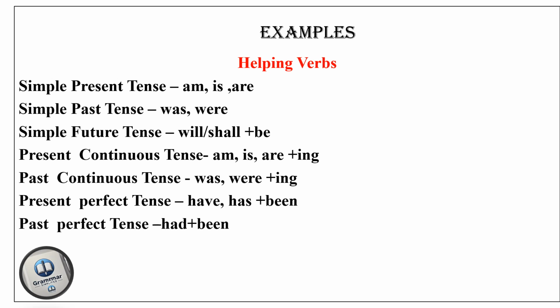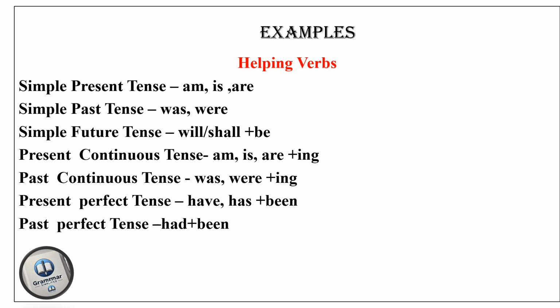These are the helping verbs you should know. Present tense helping verbs: am, is, are. Past tense helping verbs: was, were. Simple future tense: will, shall. When you change from active to passive voice, you will use shall be, will be. Then the next tense is present continuous.